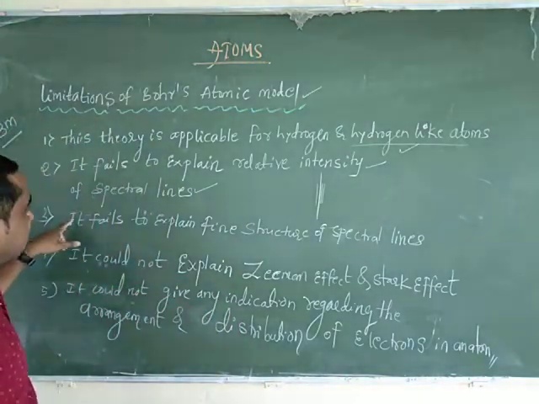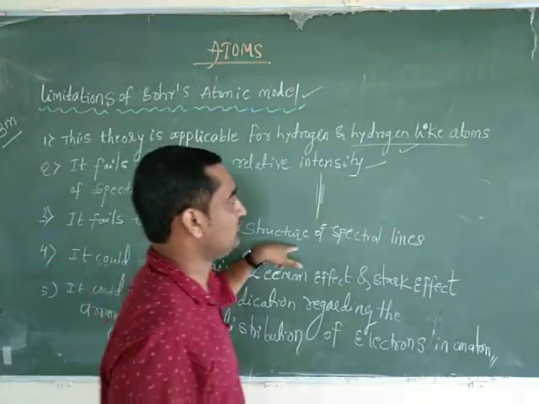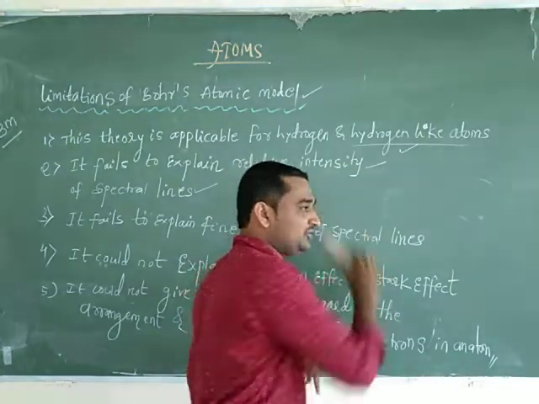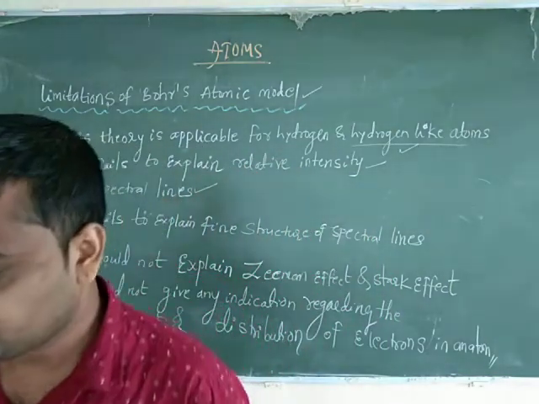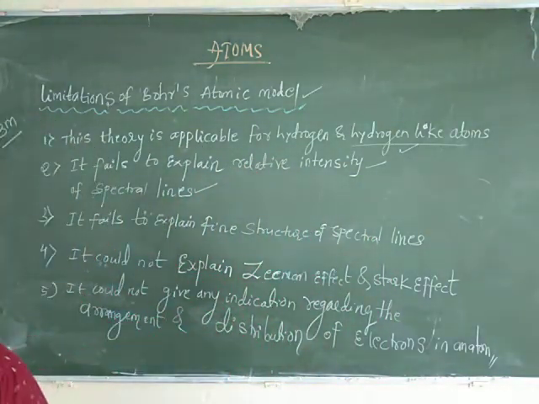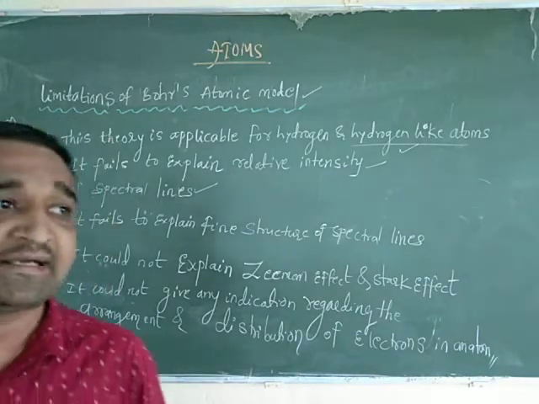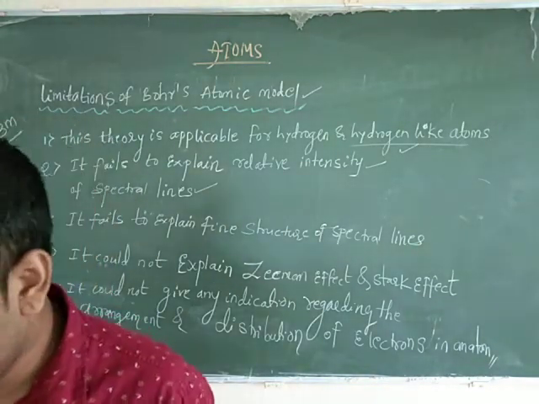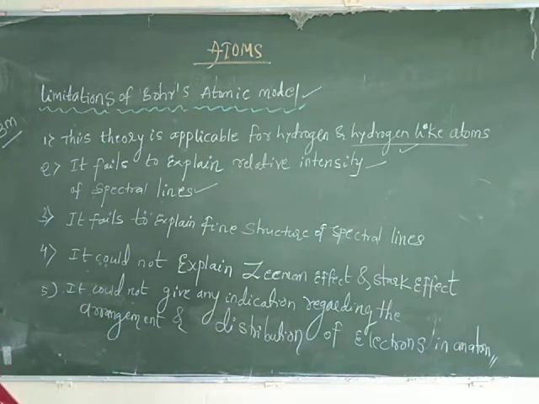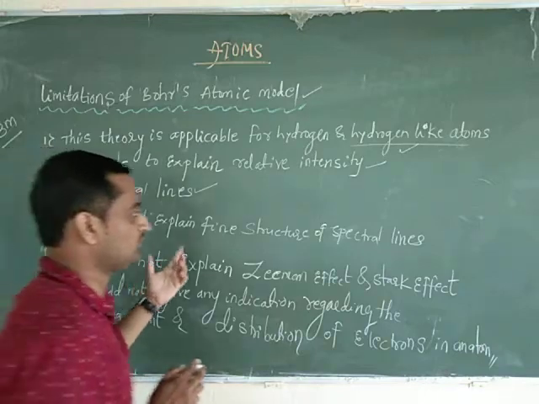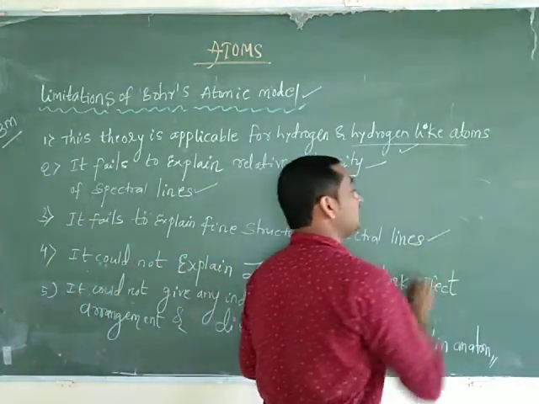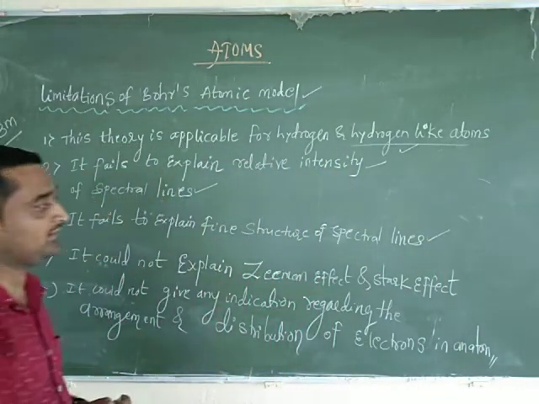It fails to explain what? The fine structure of spectral lines. When we observe the Lyman series under a powerful microscope, a single spectral line consists of closely spaced lines, and Bohr's model does not explain this fine structure of spectral lines. So this is one more limitation of the Bohr's atomic model.